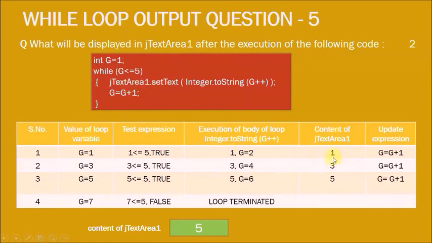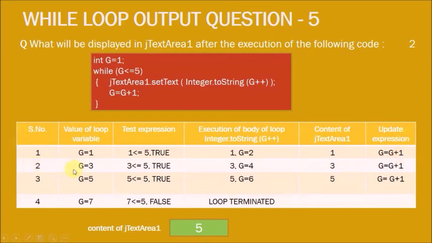So the content of JTextArea1 will be 1, and after that the value of g will be incremented, and now it will become 2. After this, we will go to the update expression and increment g by 1, as the last value of g was 2. So we are adding 1 to it, and it will become 3.